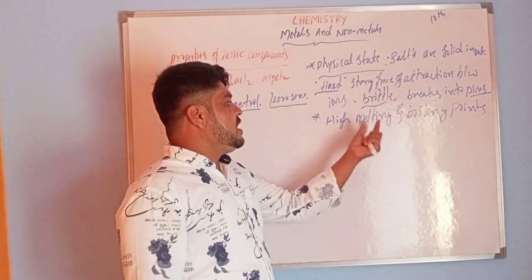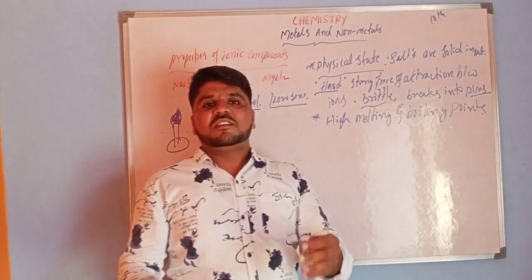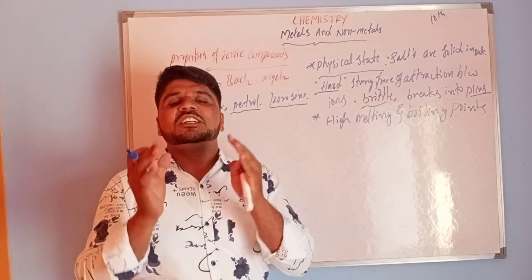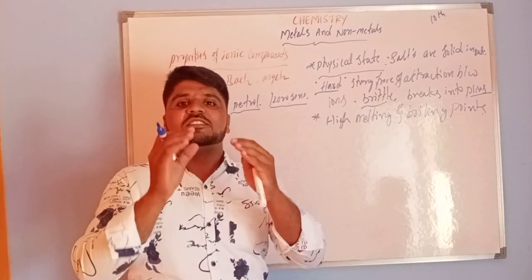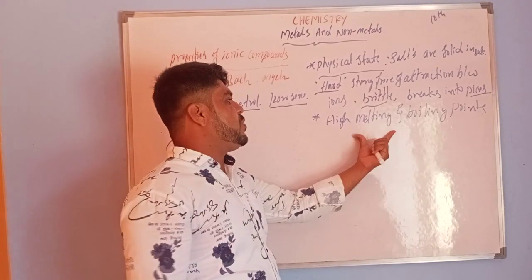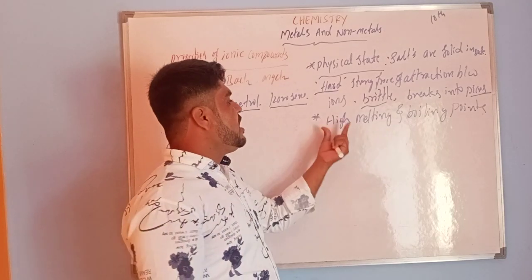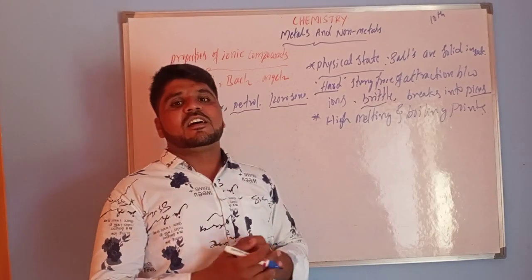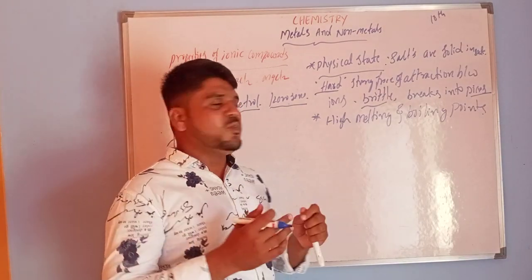So why? Because of a strong attractive force between the ions, a considerable amount of energy is required to break the compounds. Okay, this is the high melting point and high boiling point of ionic compounds. So, one more thing.